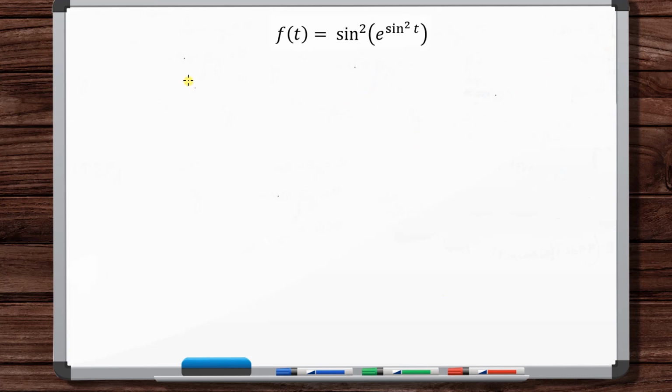Okay, so again, this is a little confusing, this sine squared, because it's tempting to say that we're starting off with a sine of something, but for the sake of the chain rule, let's rewrite this.